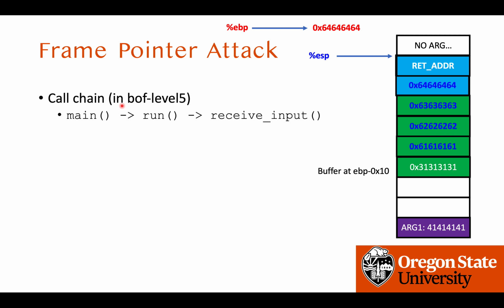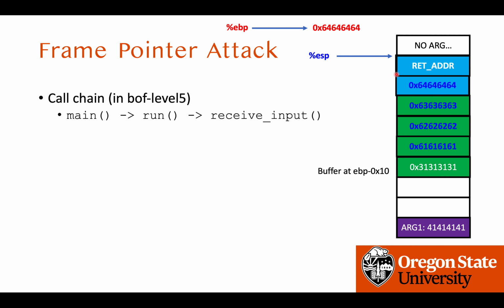So in the buffer overflow level 5 challenge, the program's call chain starts from the main function. The main function calls the run function, and then the run function calls the receive input. So it has a depth of 2 in the call chain, and right now we just take a look at how the program runs in the receive input.